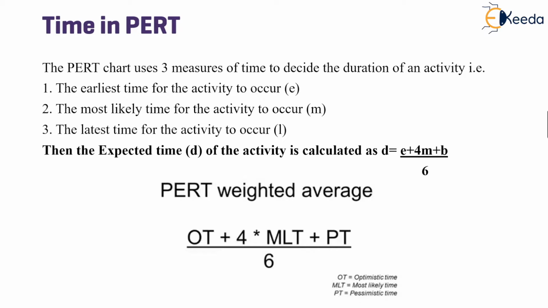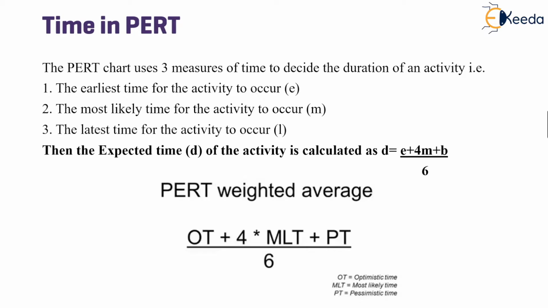Third is the estimated or expected time, which is an average of the shortest and the longest one, or can be the best estimated duration for the task to complete.